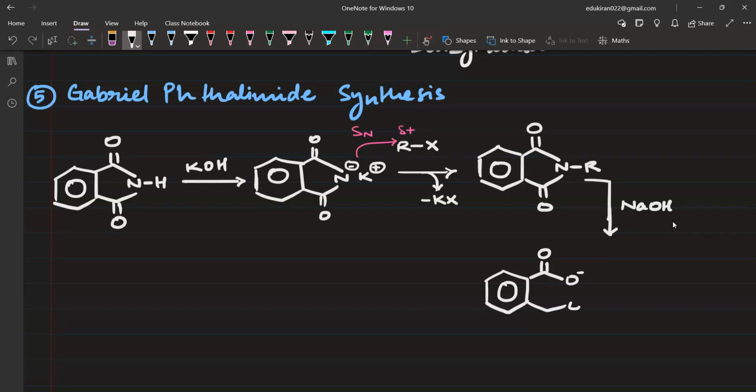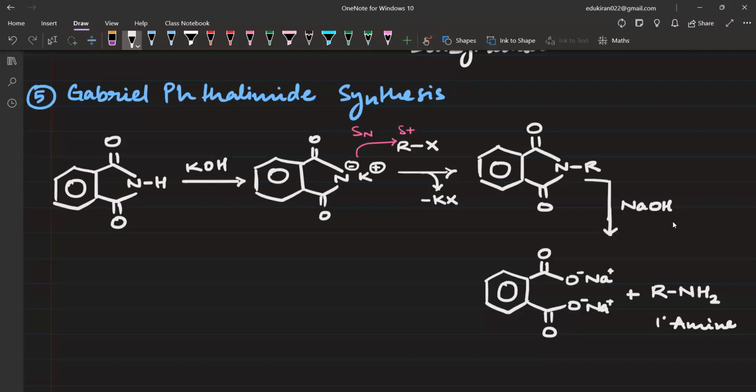Here also you will get O negative, double bond O. Both of these negatives will be stabilized by Na positive. Plus from here you will get R NH2, these two hydrogen atoms are here. Okay? So this is a 1 degree amine.